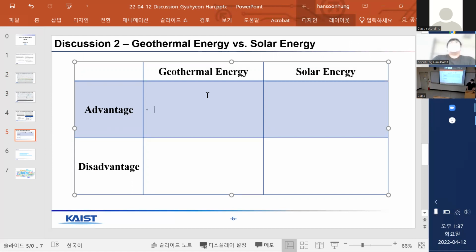Okay, Mohammed? One disadvantage of solar energy is that at night we don't have any sun, so we need to store the energy we produce in the day to use it.